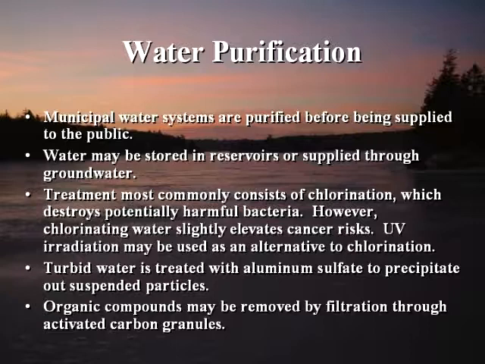Still another thing that can be done is to filter water through activated charcoal. This can be done at a municipal level, but often individual homes can also have activated charcoal filters put into their water system. What that does is help to filter out certain of the organics from the water.